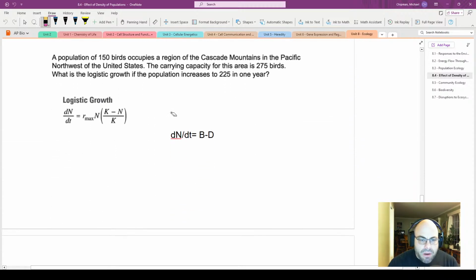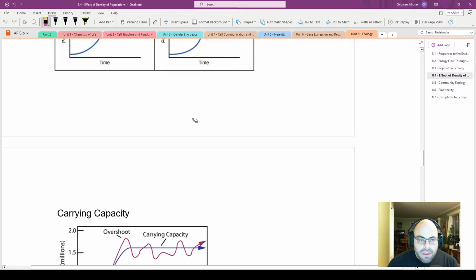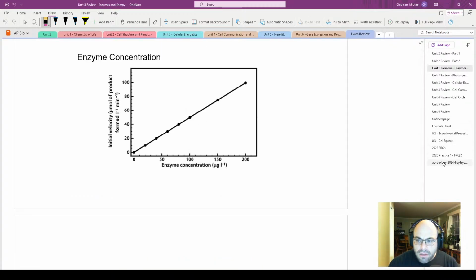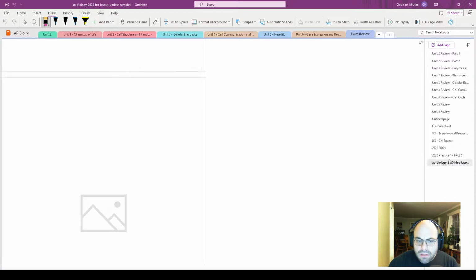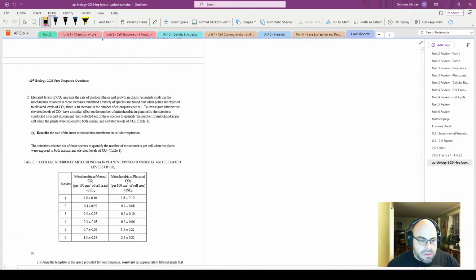Here's a practice problem. I think this came from one of the AP videos. It's a really good question, so I'm going to pull this one up because I think this is helpful.